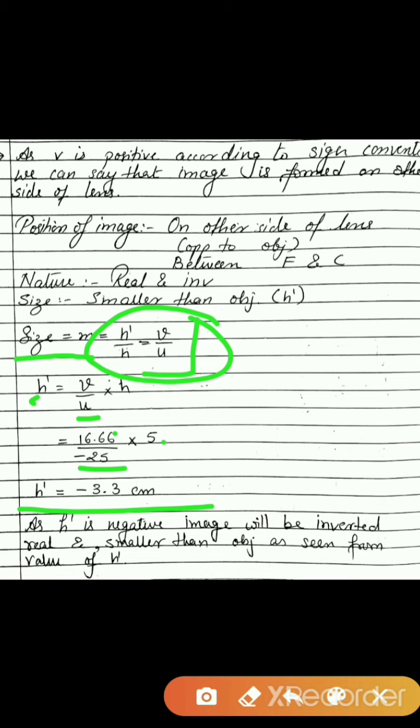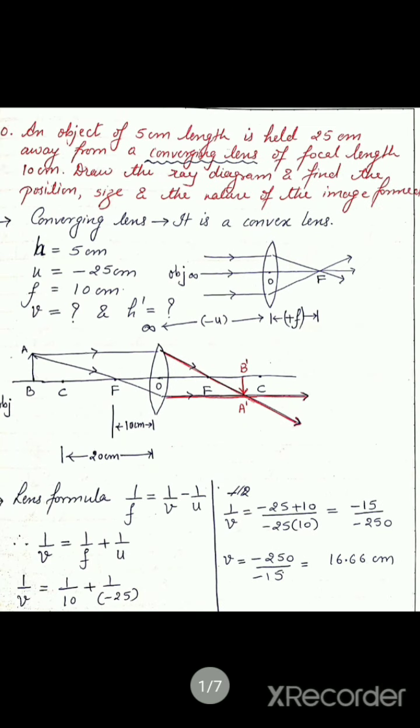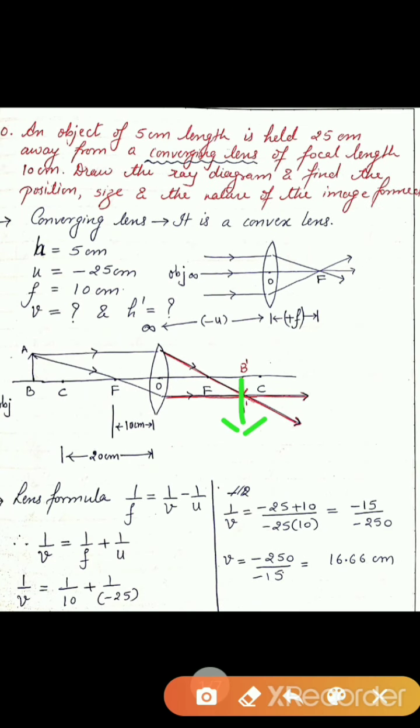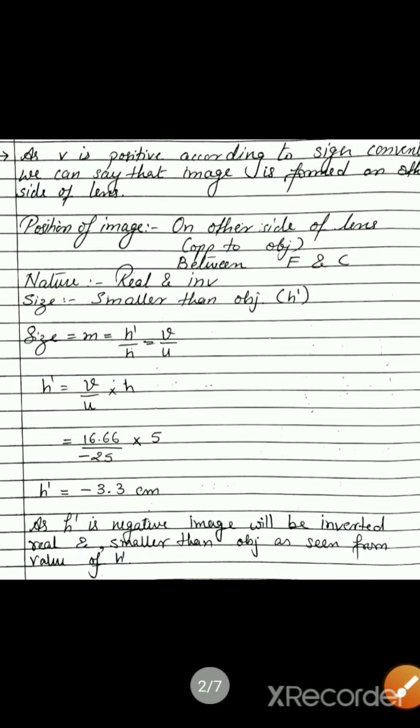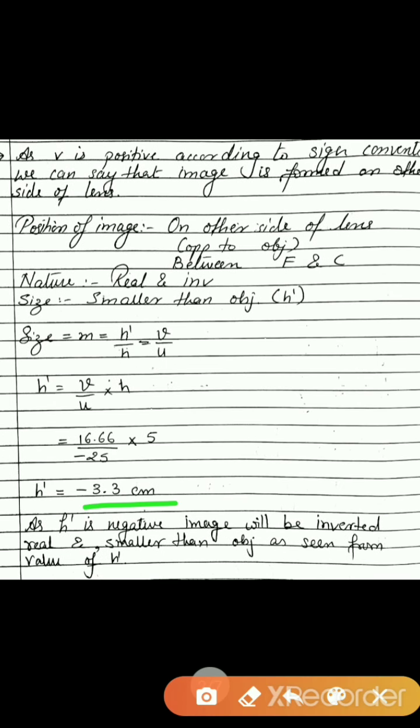Okay, now here h dash is negative. According to the sign convention, if I obtain h dash as negative, what does it mean? That the image is inverted. See here, we can see the image is inverted. So as h dash is negative, I can say that the image is inverted.